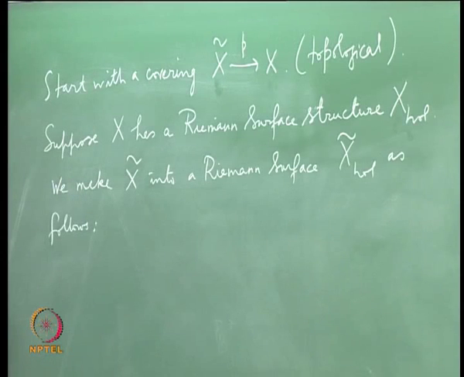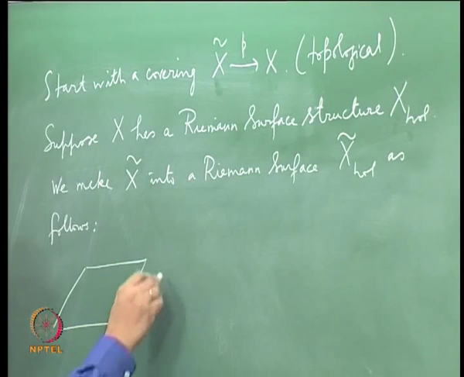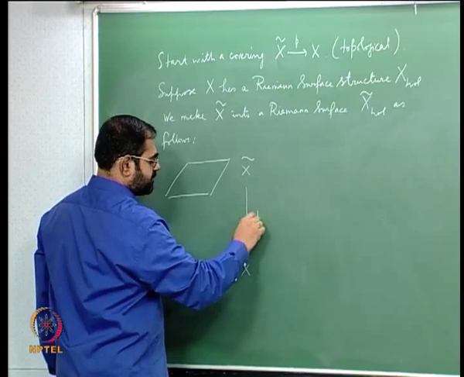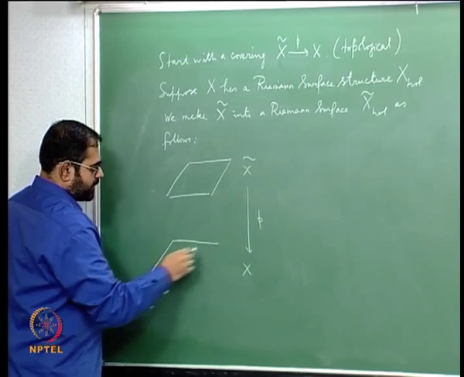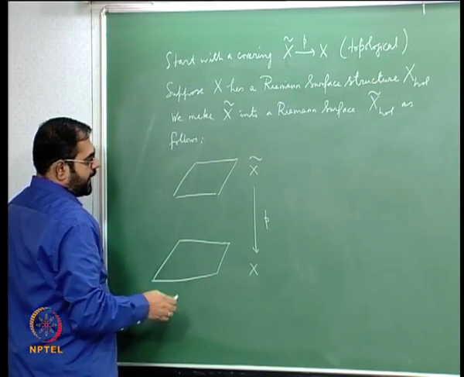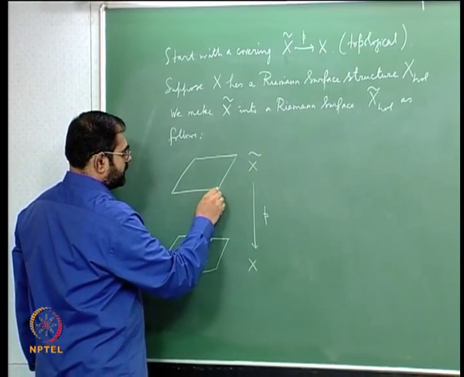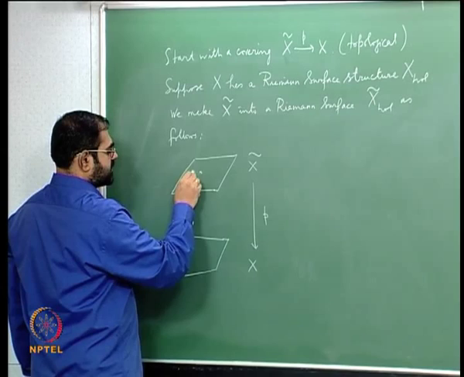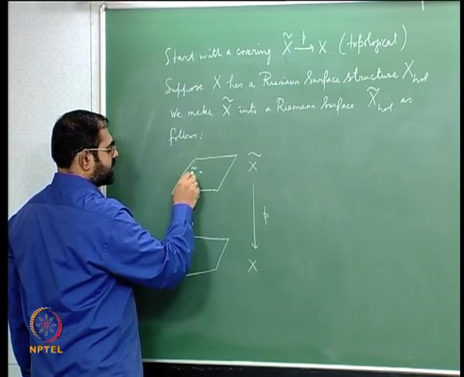So again let me draw a diagram. I have x tilde here, and I have x below, this is P, and I take a point of x tilde, small x tilde.